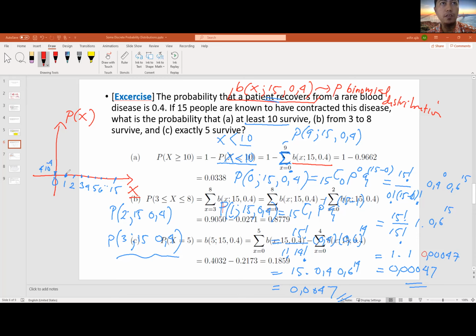And this one is maybe 4 times 10 to the minus 3, something like that, and then it keeps increasing and then decreasing.